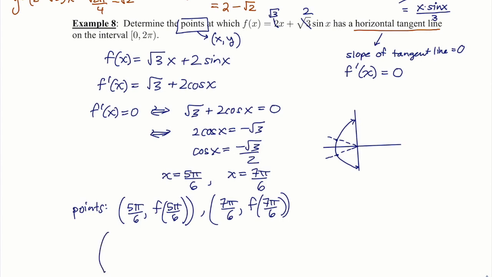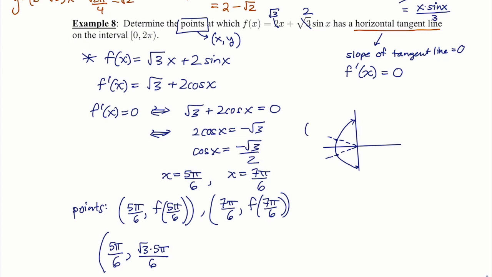So that's going to be 5 pi over 6, and then our updated function here, square root of 3 times 5 pi over 6. It's kind of a strange looking number, but that's exactly what it would be. So square root of 3 times 5 pi over 6 plus 2 times sine of 5 pi over 6.